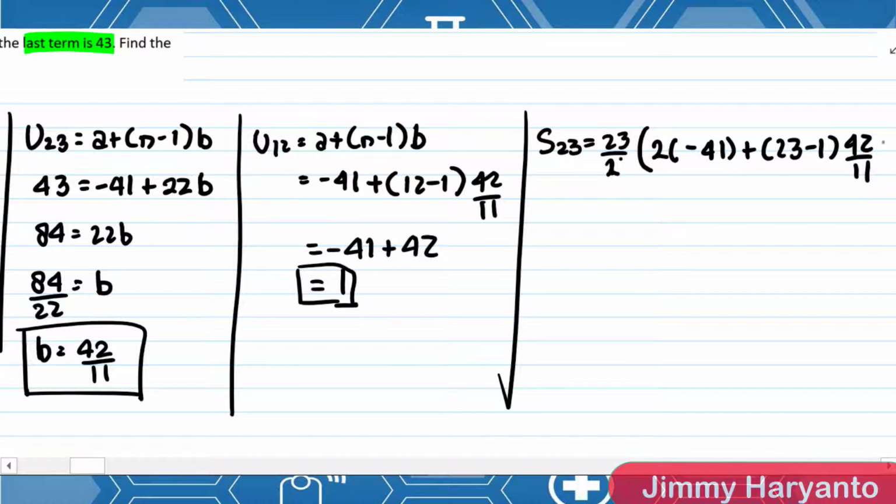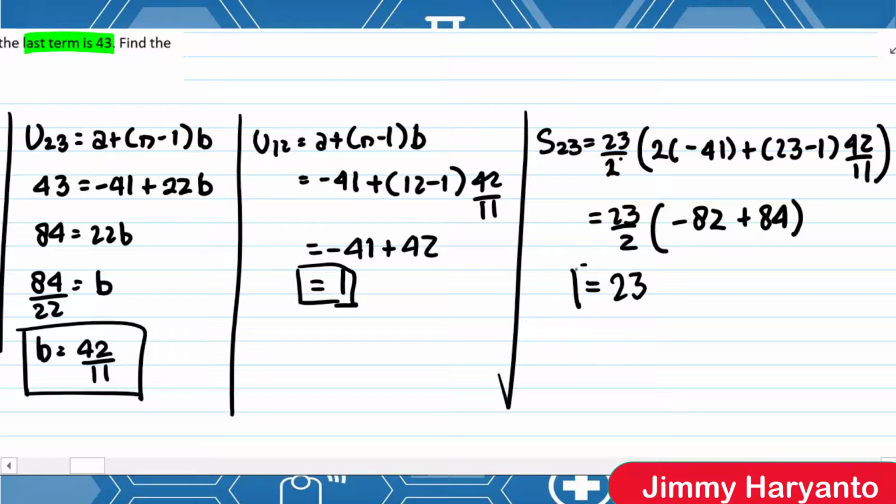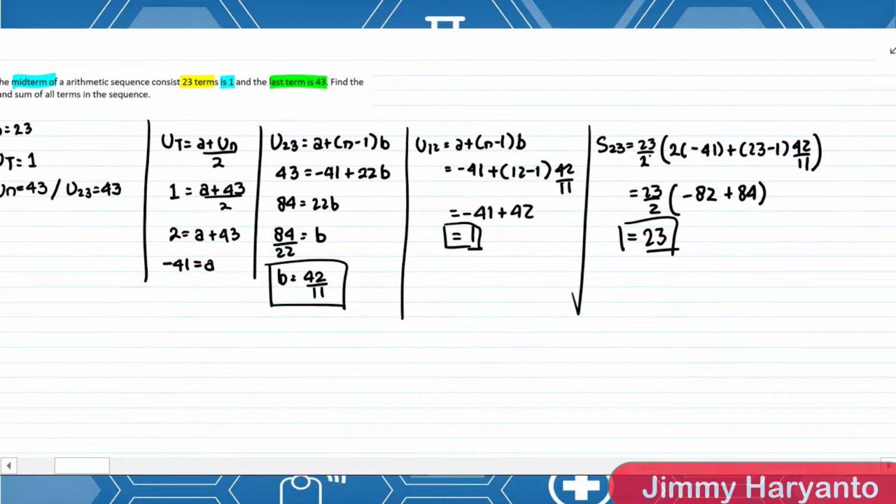The difference is 42 over 11. So the answer will be 23 over 2 times negative 82 plus, cross out 1 and 2, 84. So the result is 23. There you go. This is for number 2.